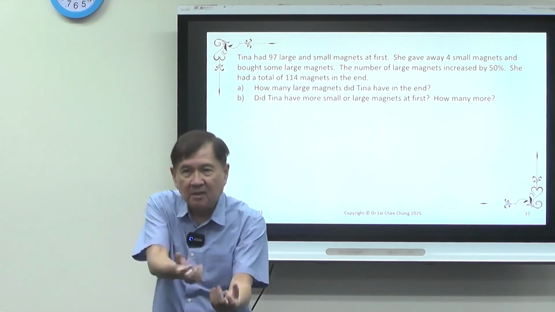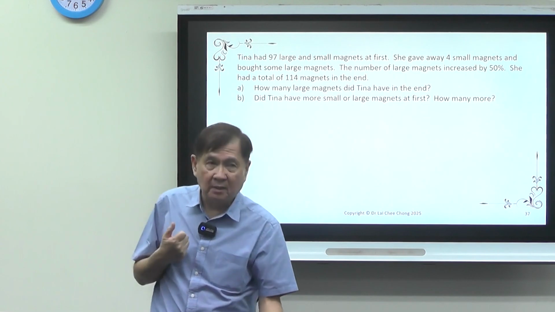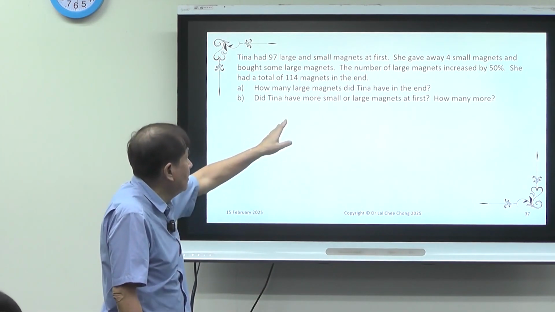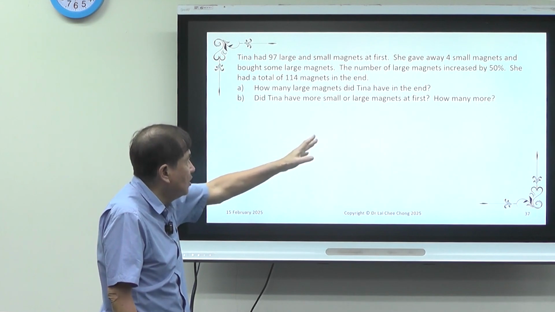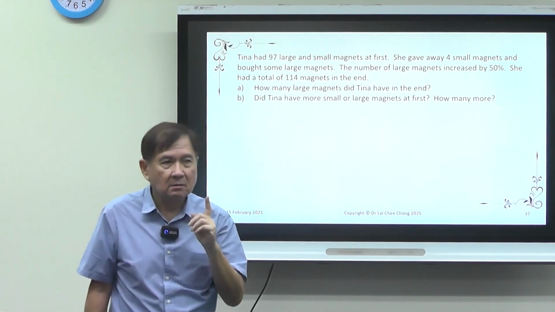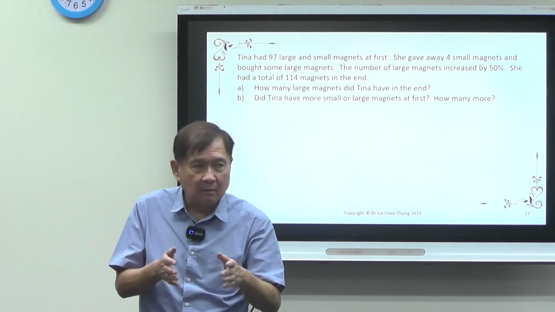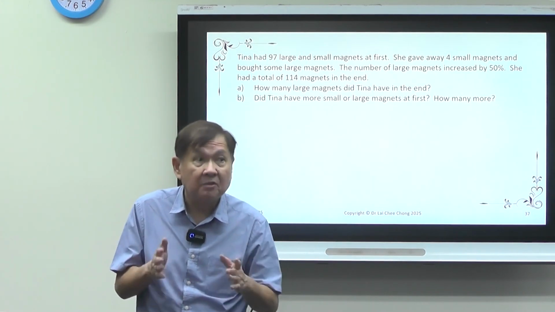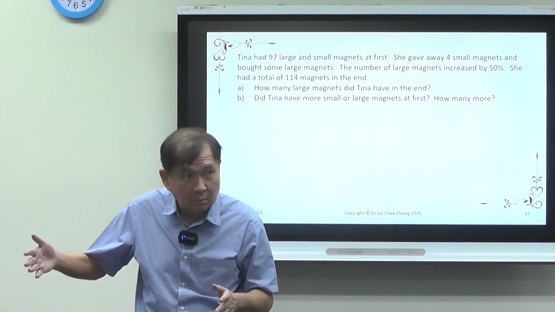So he gave away some, and then he bought more of the big ones. So that's what happened. Now, as a result, the number of the large magnets increased by 50%. So in other words, the number of magnets that Tina has at the beginning never changed. In fact, he gets more.